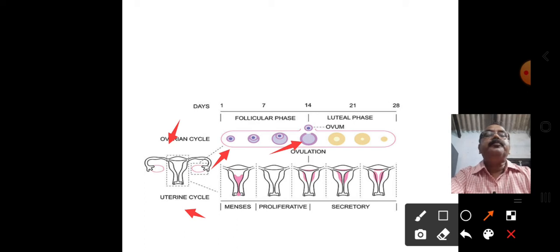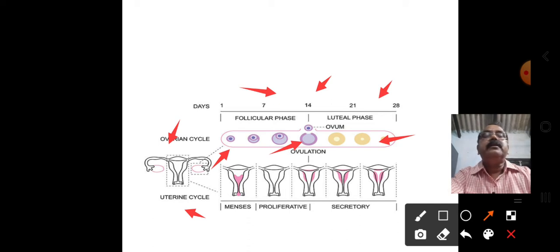The ova is produced in the follicle, that is also known as the follicular phase, and that phase continues from the 1st day to the 14th day, and on the 14th day ovulation takes place or the egg is released. Then the follicle becomes a corpus luteum which produces hormones, and that phase is known as the luteal phase.